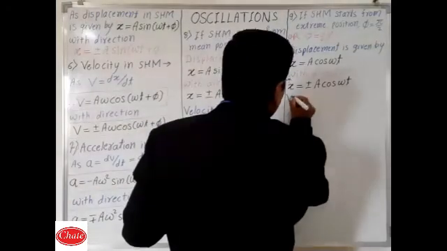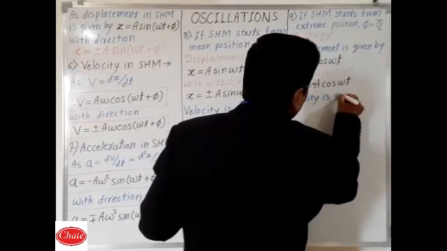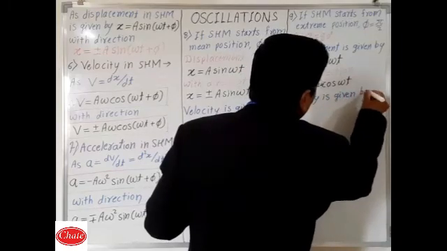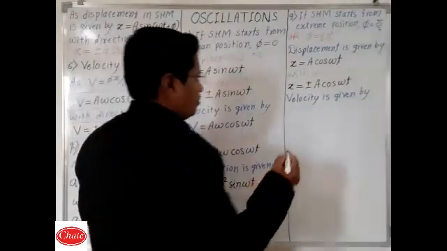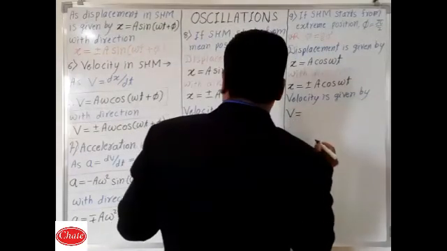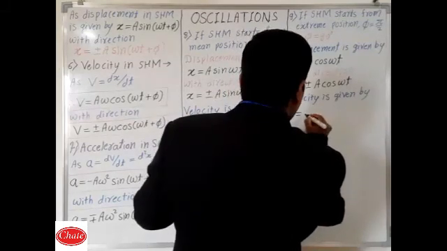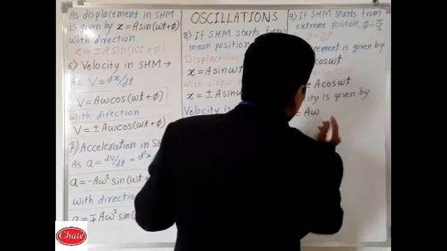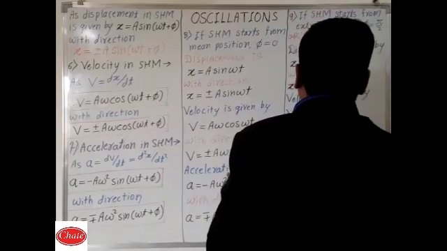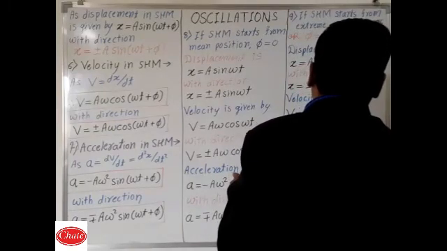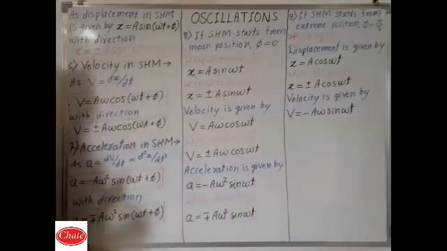मग velocity काय येईल? Velocity is given by v equal to minus or plus, काय येणार a ओमेगा, आता इथं हे cos आहे म्हटल्यानंतर याचं डेरिव्हेशन मायनस येणार, मायनस a ओमेगा sin ओमेगा t.